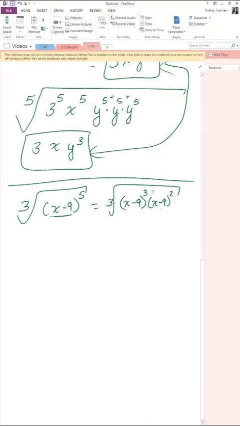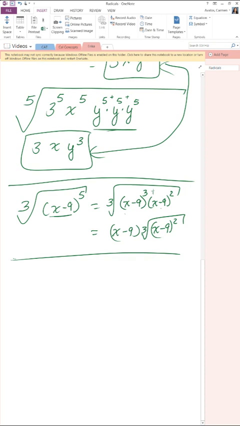So I add the exponents, and 3 plus 2 is 5. It's the same reason as up here. It doesn't matter what the base is, as long as the base is the same. So I could take one out of there, and I get x minus 9 out, because the 3's cancel, and there's not enough to come out from the squared part, so that stays inside. So your reduced form is that.